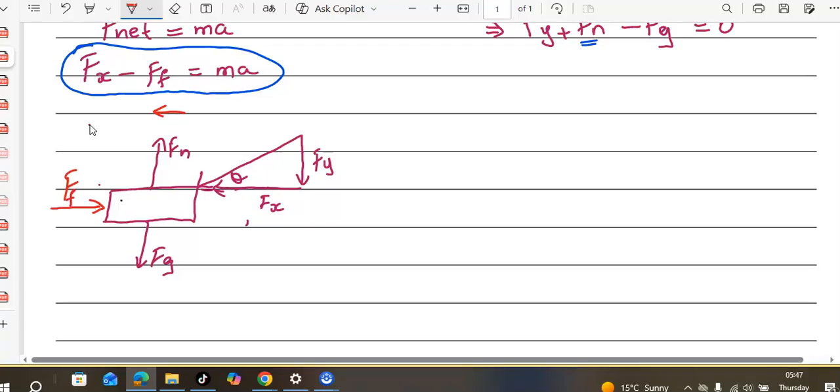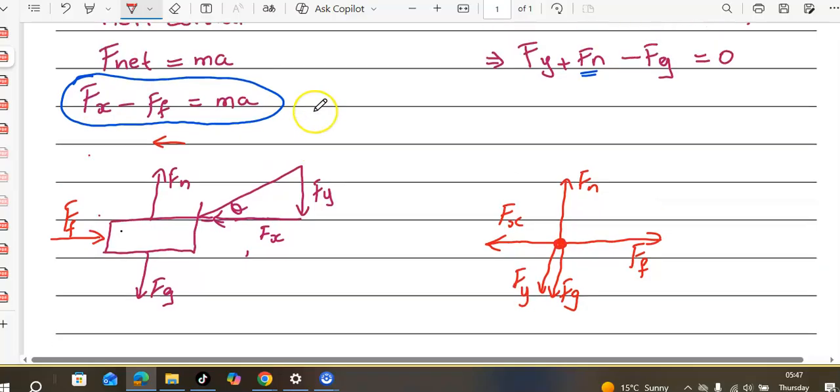So now if we do the free body diagram, the Fx goes in that direction, the frictional force in the opposite direction, and we have Fg going down and Fn going up, with Fg and Fy going down. This is what you have.